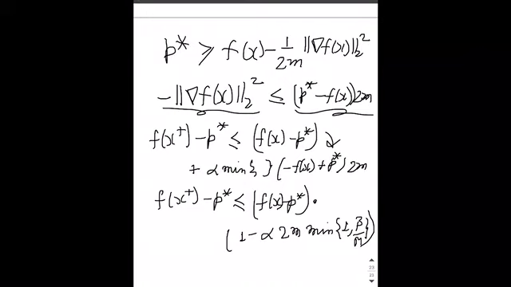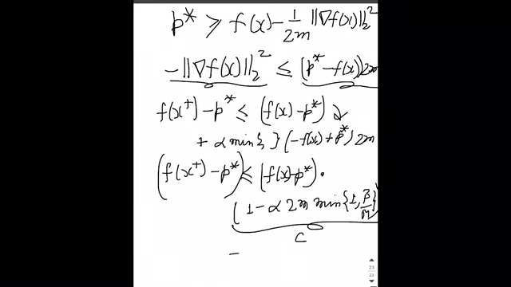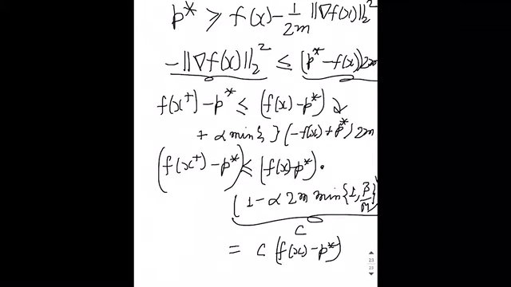Now we call this term c. So this is c times f of x minus p star, and this is for one step.